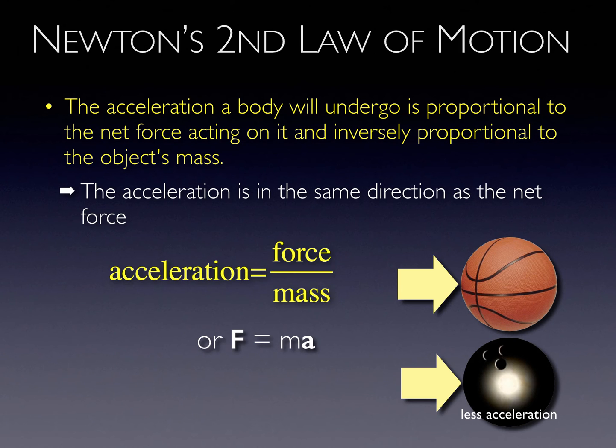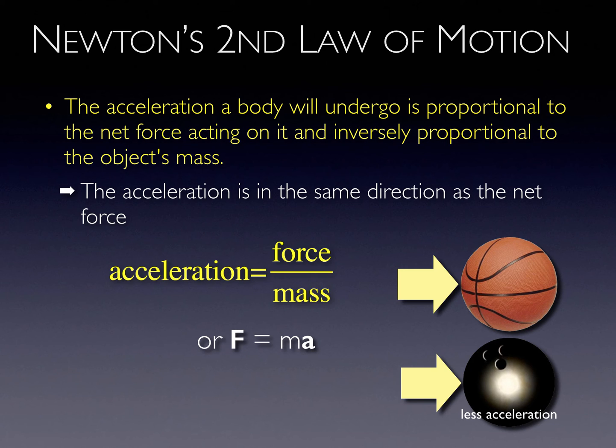Newton's second law quantifies how much, and in what direction, an object will accelerate when a net force acts on it. The second law basically states that the acceleration an object undergoes is equal to the force acting on it, divided by the object's mass. The acceleration is proportional to the force acting on it, so doubling the force will double its acceleration.